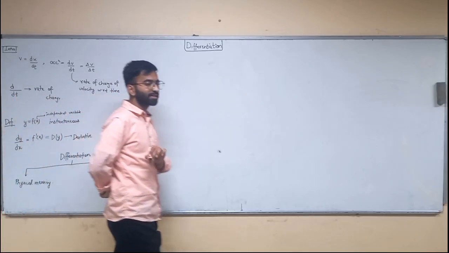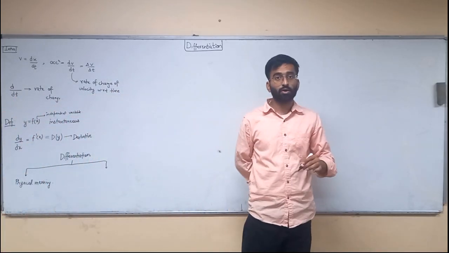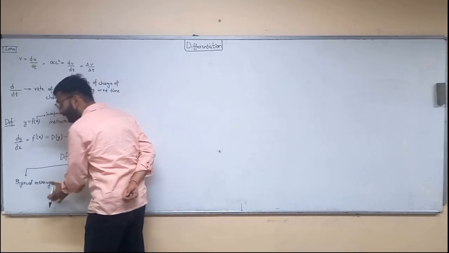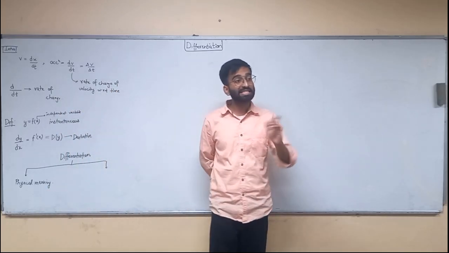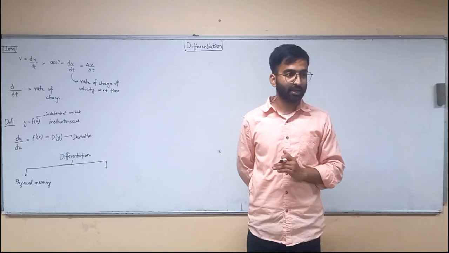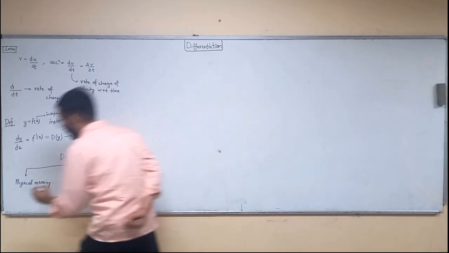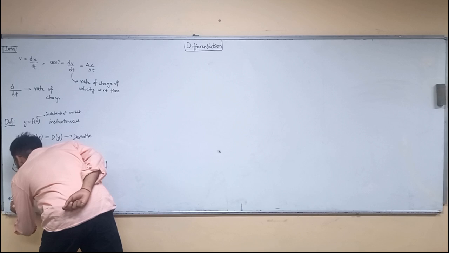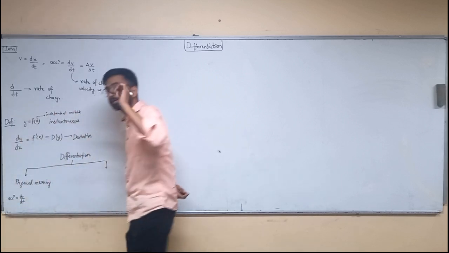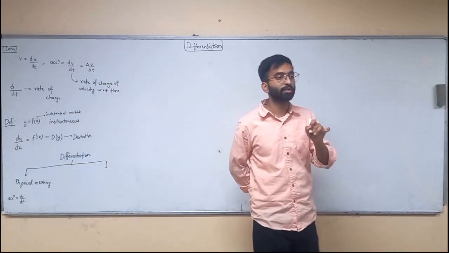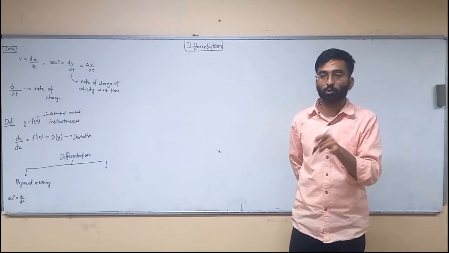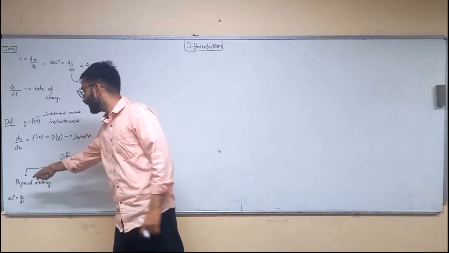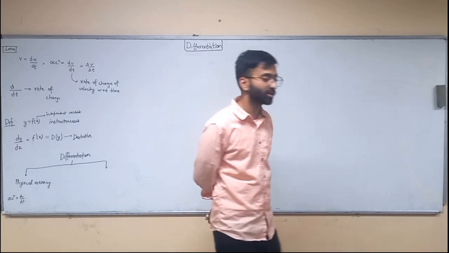You will be studying this in physics classes, or you might have already studied it. It is the instantaneous rate of change at that moment, like acceleration is dv by dt. At a given point, what is my acceleration? What is the change in velocity with respect to time at that given moment? That is the physical value, my dv by dt, acceleration.